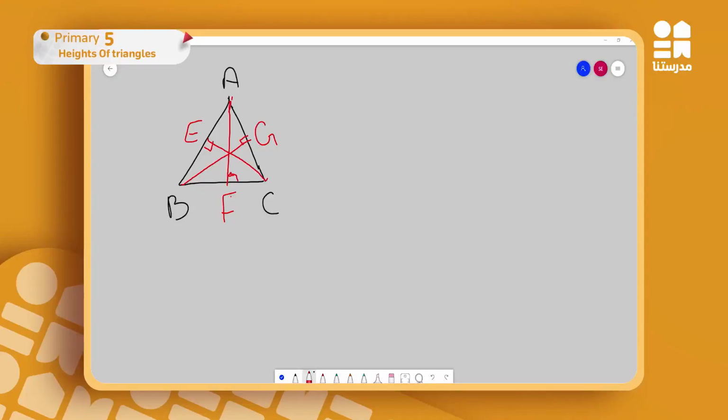As you see, in an acute angle triangle the 3 altitudes meet at a point M inside my triangle. The other one now is the right angled triangle.